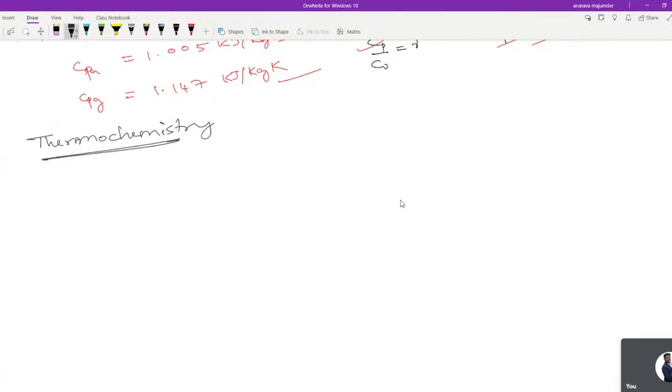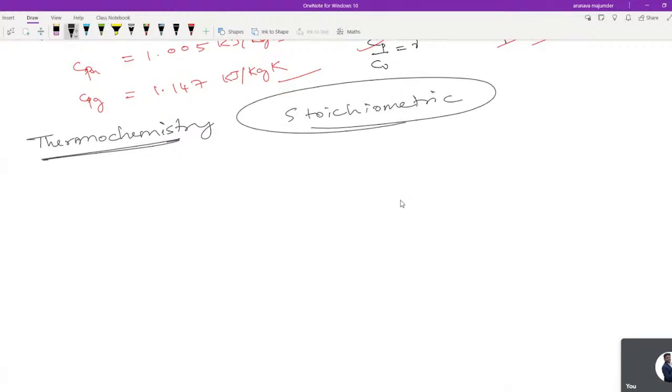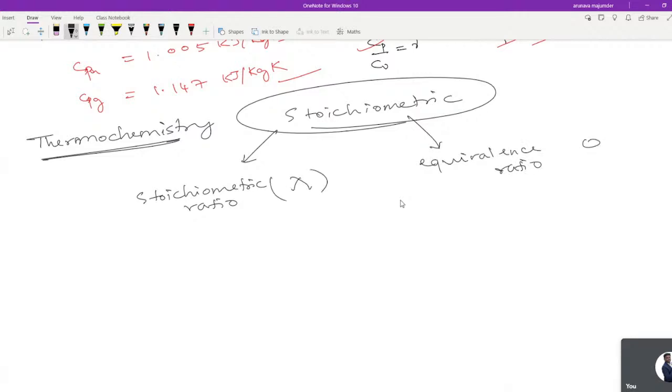Just go through some basics, understanding the meaning of stoichiometric, what your stoichiometric ratio is. There is some relation between the stoichiometric ratio and the equivalence ratio. Some textbooks refer to the stoichiometric as lambda and equivalence as phi.